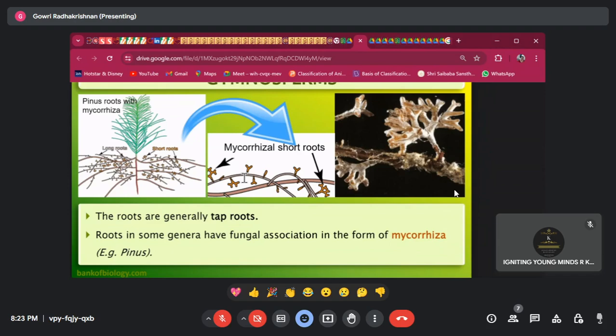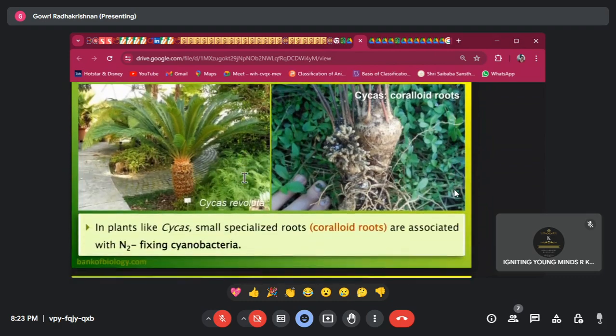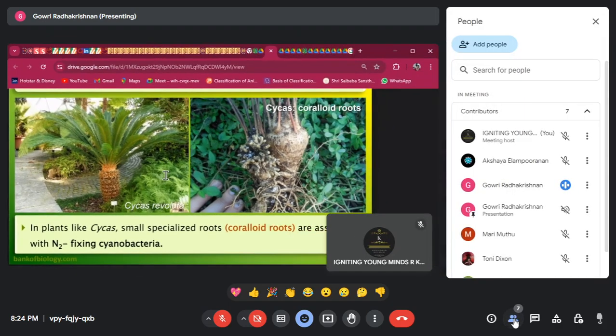Roots in some genera have fungal association in the form of mycorrhiza, that is Pinus. And plants like Cycas are basically ornamental plants. Some specialized roots, coralloid roots, are associated with nitrogen fixing cyanobacteria.